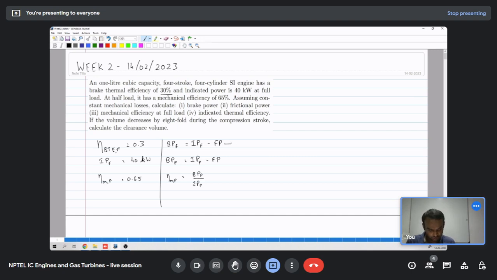And using these 1 and 2, we can write friction power. We can take friction power common, and then we will have indicated power at full load minus brake power at full load is equal to indicated power at part load minus brake power at part load.